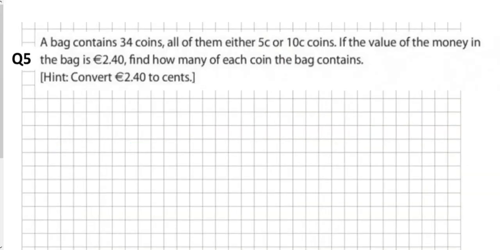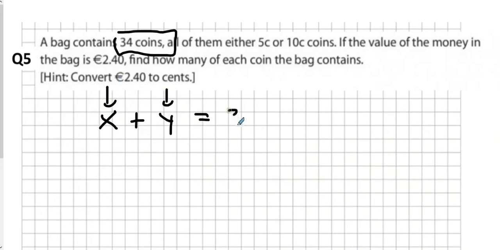Question 5 is a question where we have 34 coins. Let x be the number of 5-cent coins. Let y be the number of 10-cent coins. The number of 5-cent coins plus the number of 10-cent coins is 34. Now, if I was to say to you that I have 7 5-cent coins, you'd multiply 7 by 5 to get 35 cents.